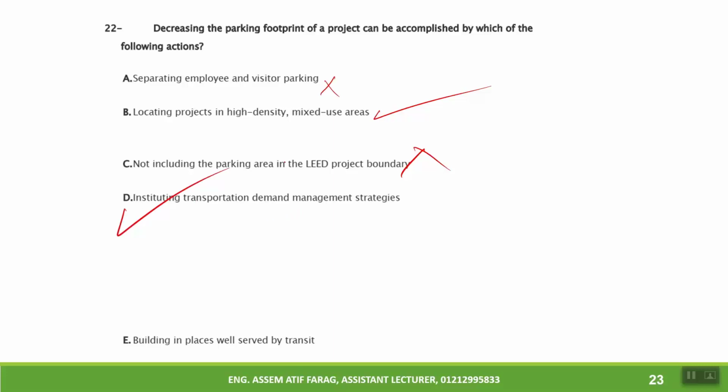So this option is correct. Finally, building in places well served by transit. Public transportation gives users the opportunity to choose alternative transportation and not to drive, so this option is also correct. Then the best options are option number B, D, and E.